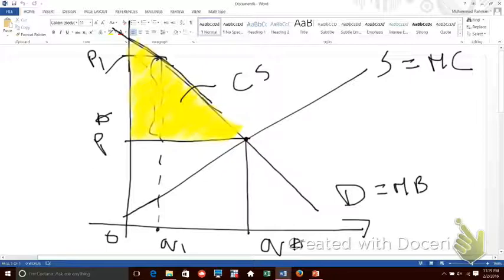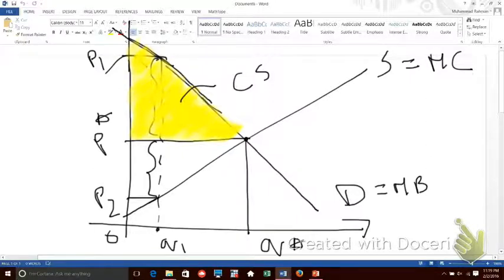Let's now focus on the producer side. Now imagine that there is a producer who wants to produce Q1 units of output. Our producer, according to the marginal cost or supply curve, would have been willing to accept, let's say, P2 price, but the market really gives him P star, which means that if our producer produces Q1 output, our producer gets this surplus from the market, and that is a producer surplus.